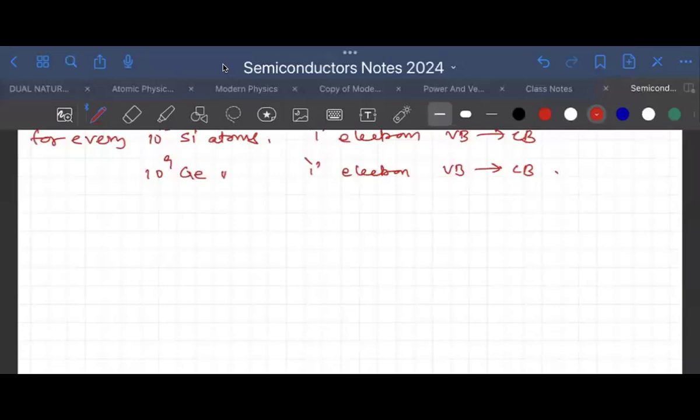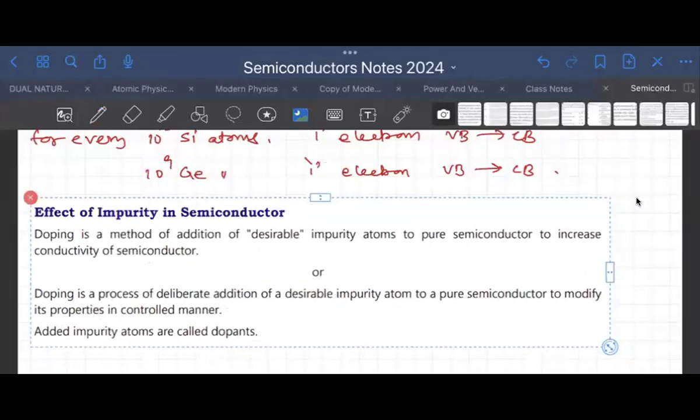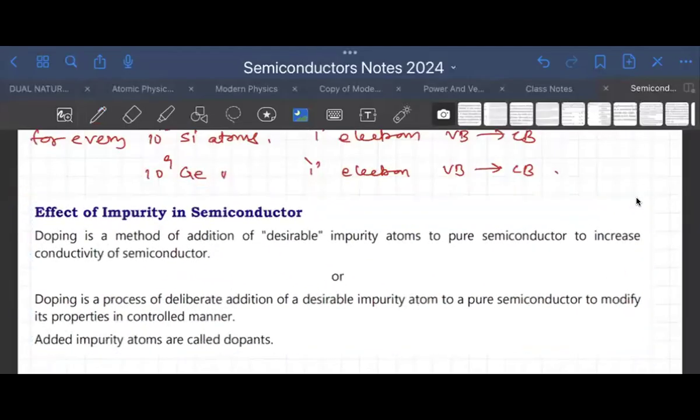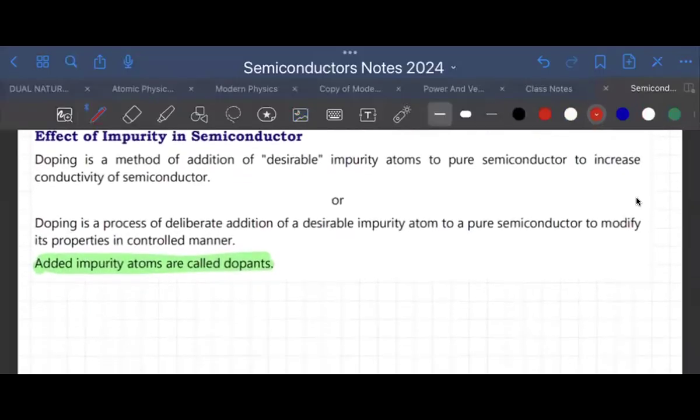So the addition of impurity will change the conductivity of the semiconductor. Now, this is a very important statement because over a period of time, you will forget the meaning of dopant.